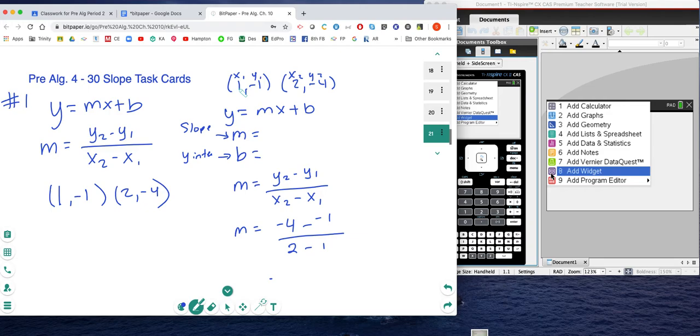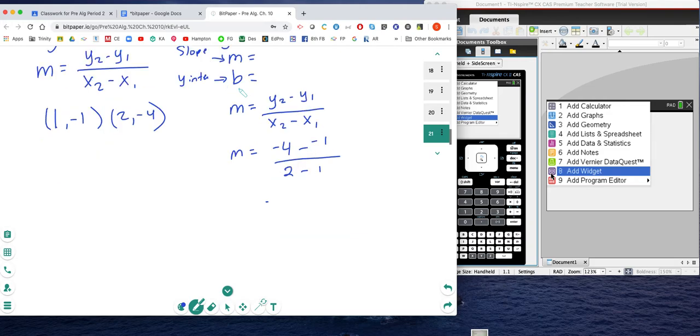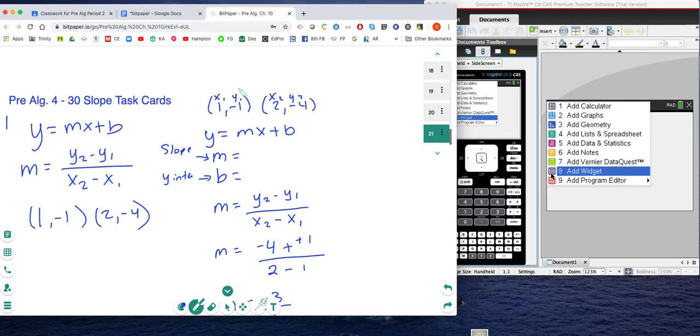So now we're going to simplify. M is equal to, and we're going to do keep, change, change. So it's going to be -3 over 1. So we now know that our slope is -3 over 1. That slope is telling us we're going to go down 3, to the right 1.